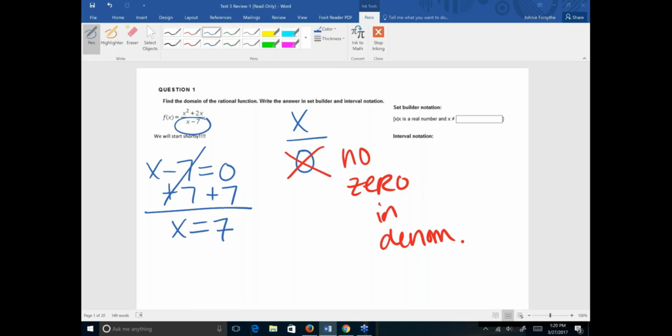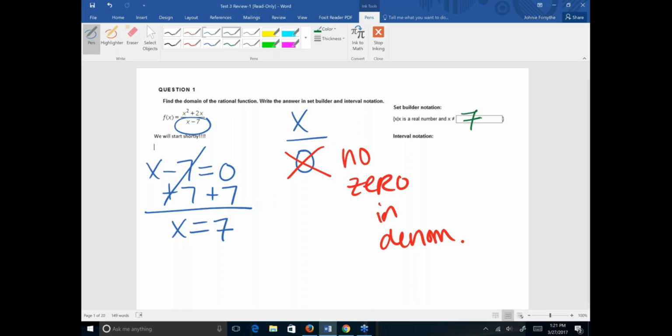If we were to plug in 7 into our denominator, we would get 0 in the bottom, and that's a no-no. So for set builder notation, this says all values of x such that x is a real number and x does not equal 7, because if it equals 7, that would be undefined.